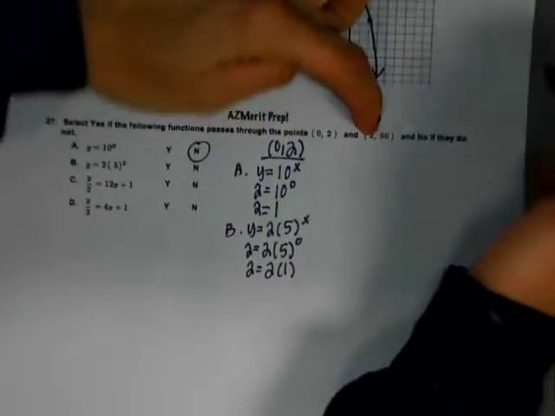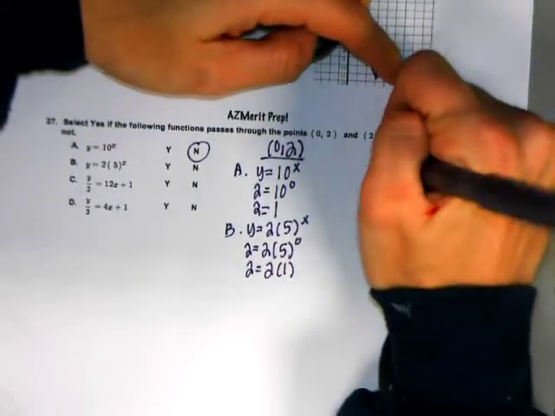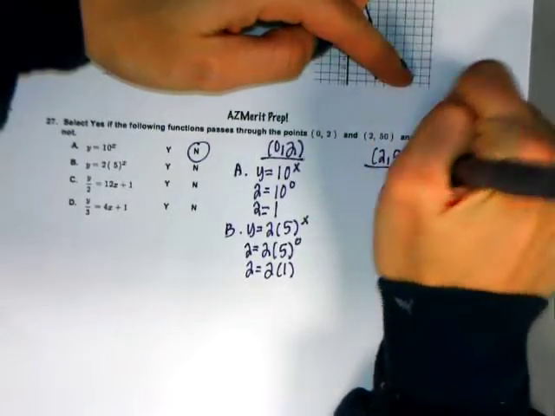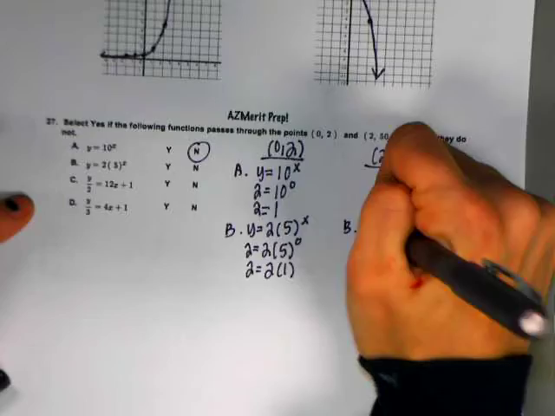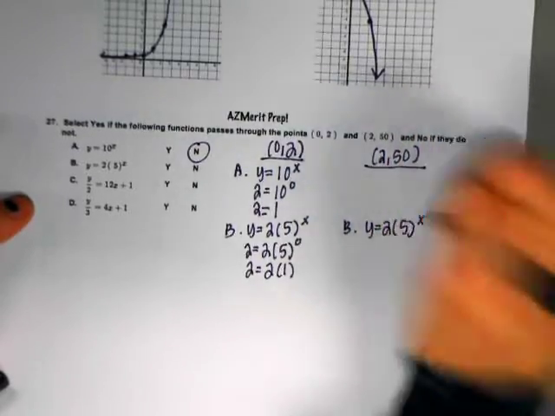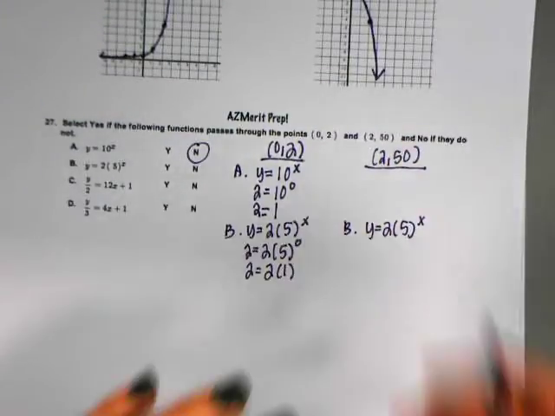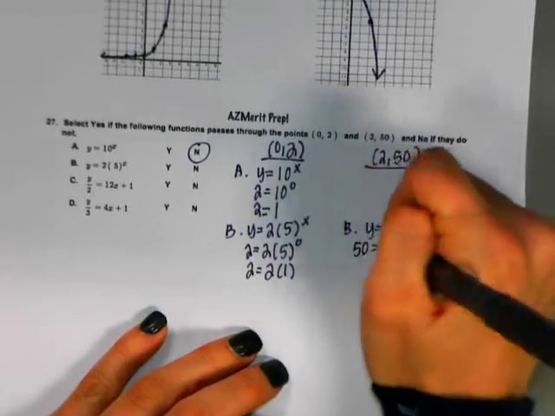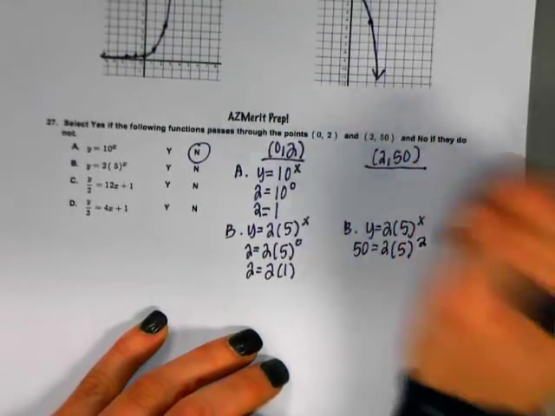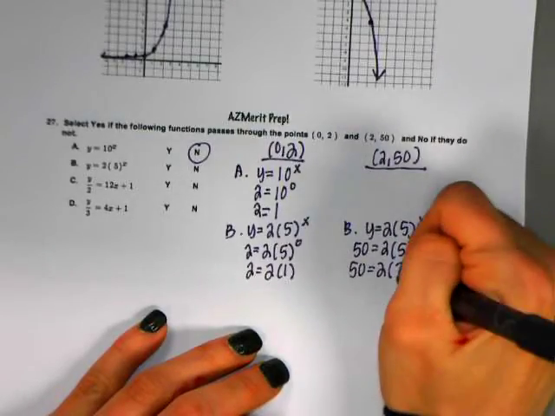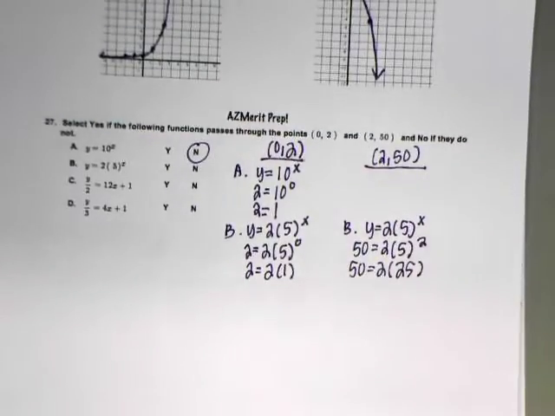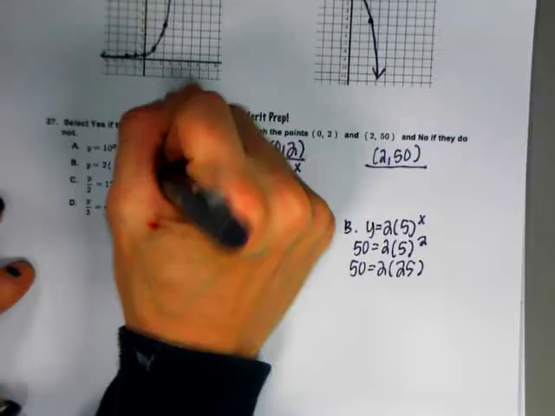So now we have to check this other point to make sure this one works also. For that point, the y is 50, and the x is 2. What's 5 squared? 25. So does 50 equal 2 times 25? Yes, so this one's going to be a yes.